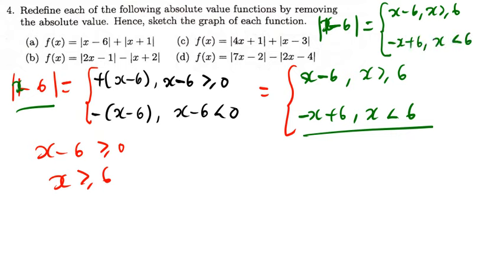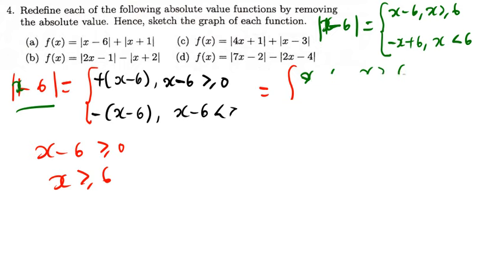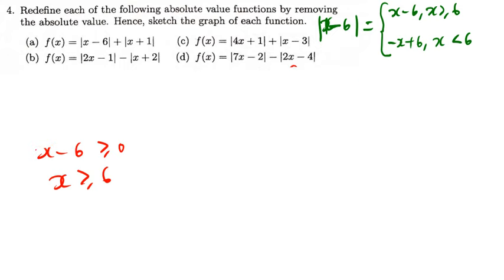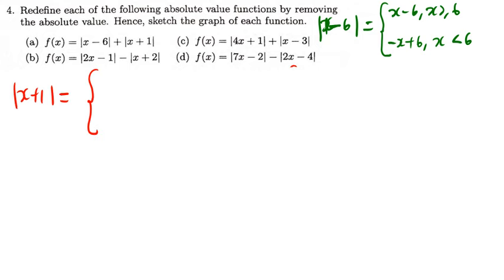I've redefined it. Now let's also go ahead and redefine the second one, which is x plus 1. We follow the same principle. First I multiply by positive: x plus 1, the condition that x plus 1 is greater than or equal to 0.